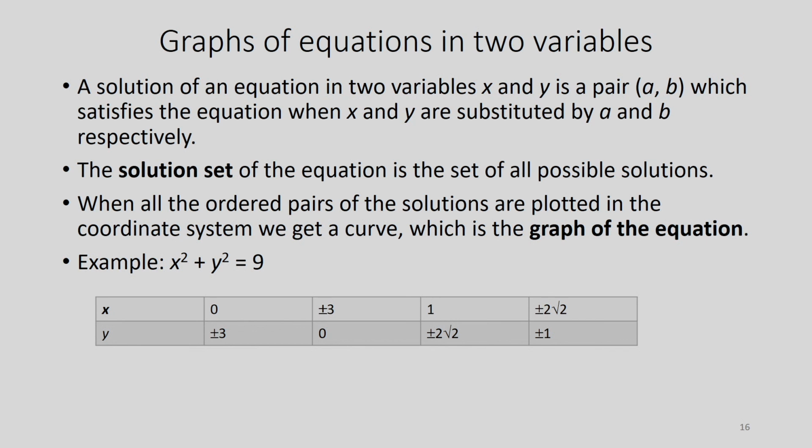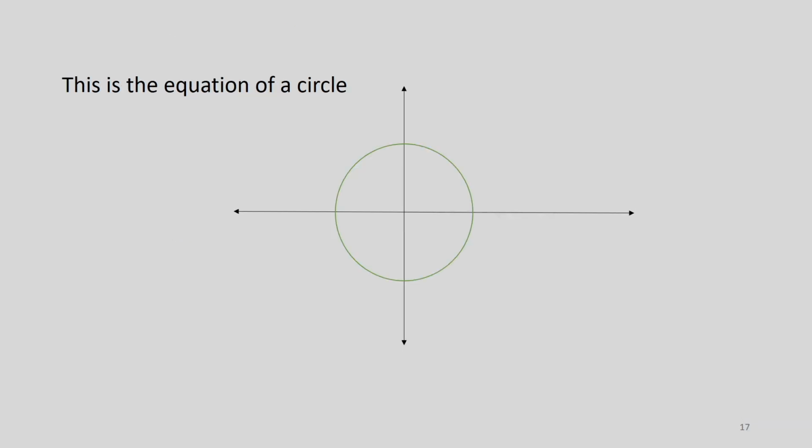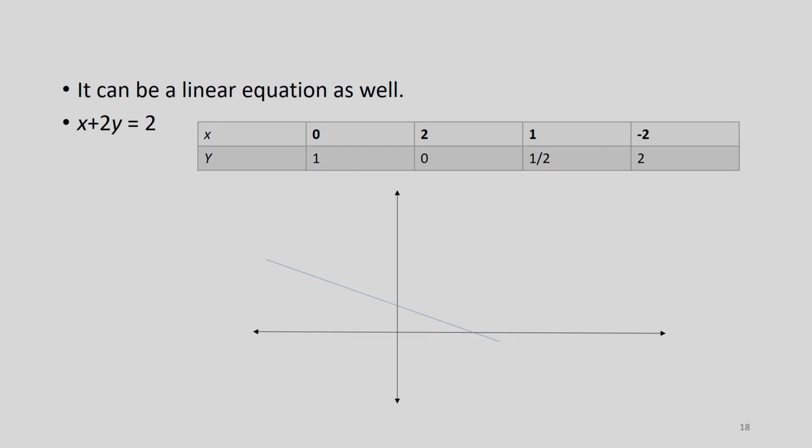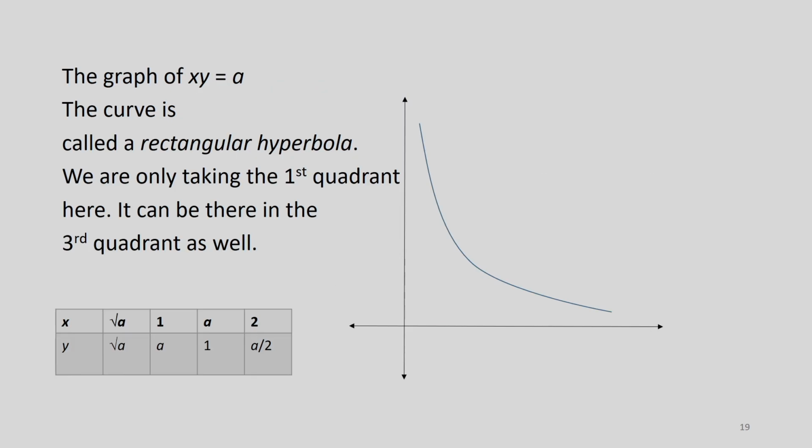Now, we can have an equation in two variables which can be plotted, and this is a graph of that equation called x square plus y square is equal to 9, and it could be a linear equation also. X plus 2 y is equal to 2, it is a linear equation, and the corresponding graph will be a straight line. And here is another example, x multiplied by y is equal to a, a positive number, and here the graph is a rectangular hyperbola.